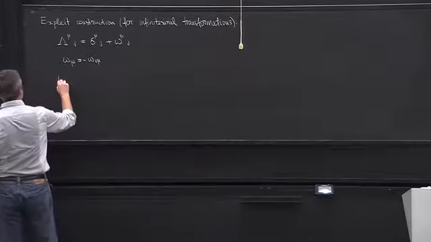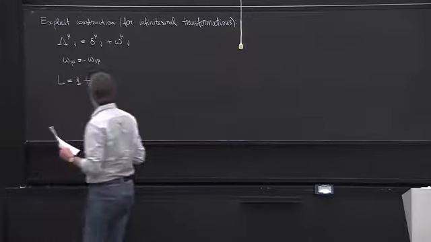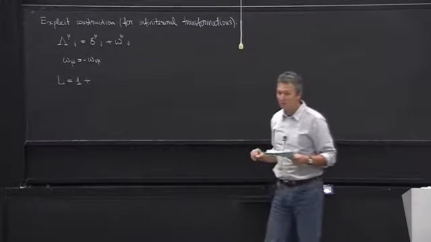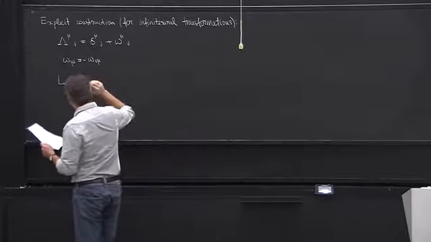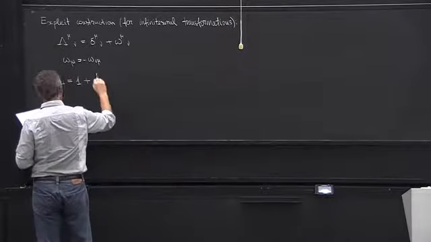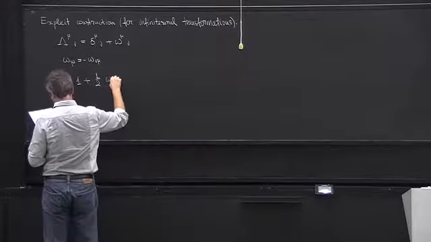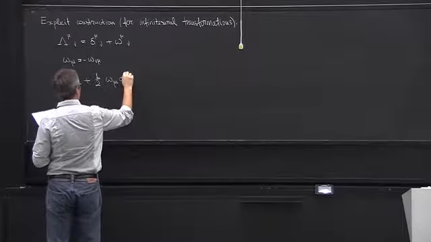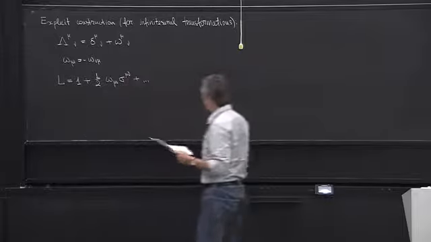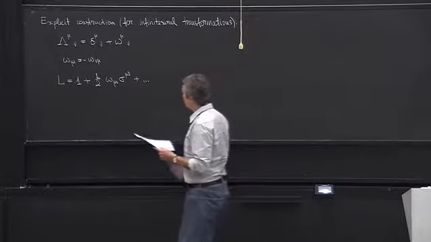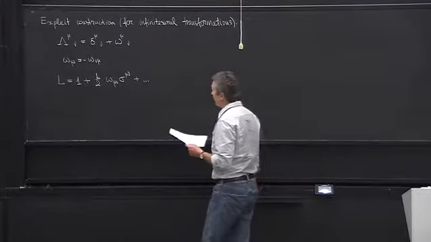So for transformations close to the identity, L should be equal to 1 plus something small, and so it should be linear in this omega. In general, we can write it in this form. It starts linear in omega, and then there are some nonlinear terms.